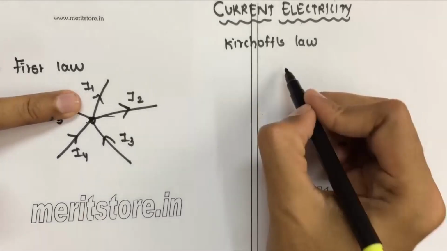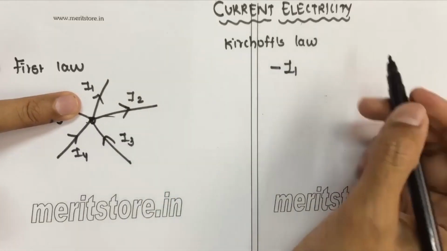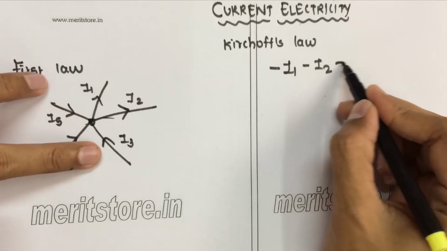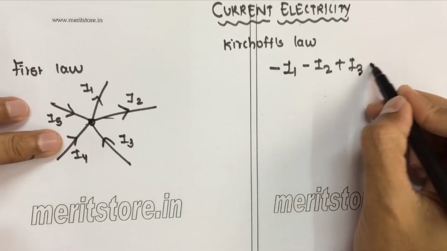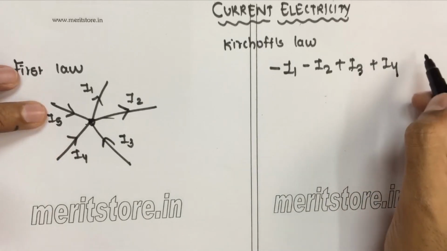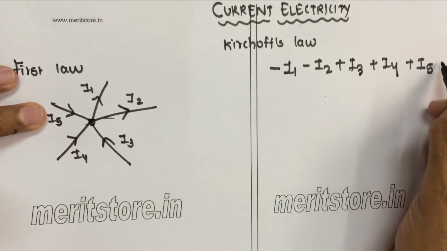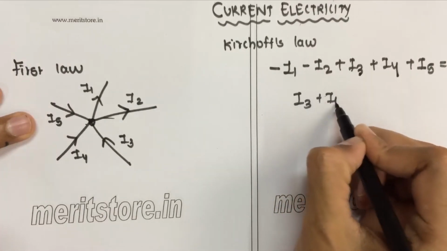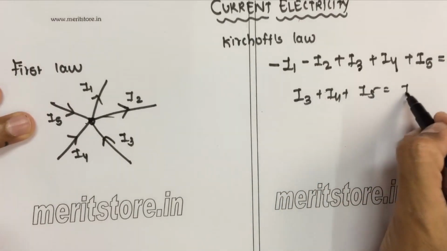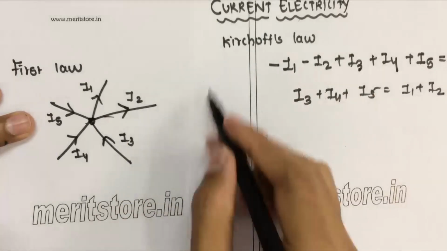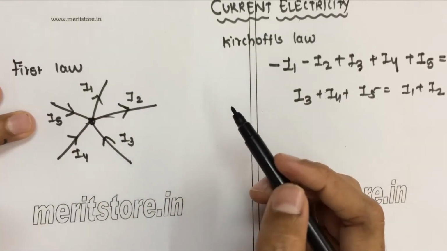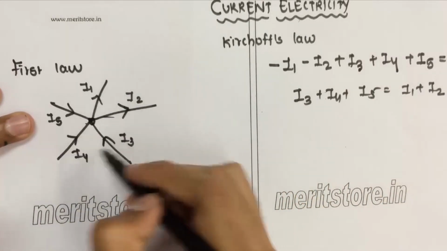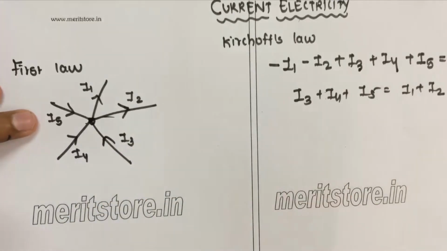So I1 is moving away, it becomes minus. The same way I2 moving away becomes minus. I3 is moving towards, it becomes plus. I4 and I5 are moving towards, they become plus. That equals 0. If you simplify this, it becomes I3 plus I4 plus I5 equals I1 plus I2. This is Kirchhoff's first law, called the current law: the sum of all the currents at any junction is equal to 0.